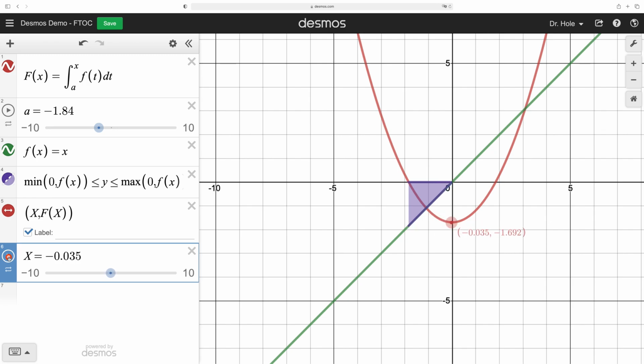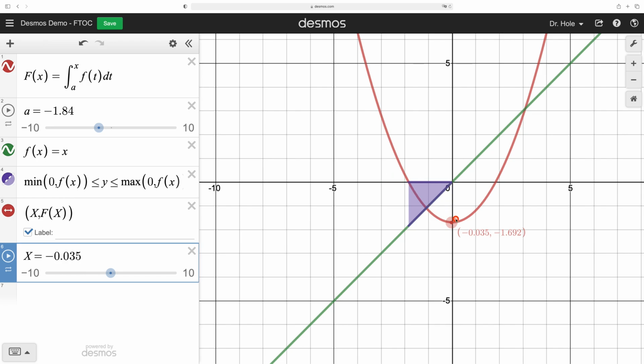Let's pause here. So the input is near 0. And note that when the input is 0, we're going to be at the vertex of the parabola. And in terms of shaded area, we've shaded as much as we possibly can, moving rightward, underneath the x-axis.